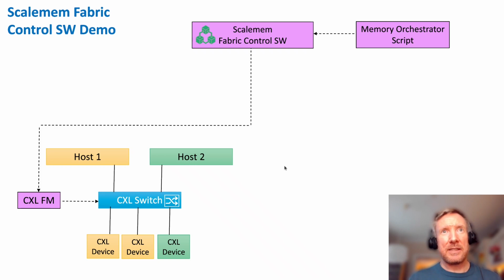And now host 2 wants a second device, but there are only 3 available. But host 1's memory usage is now going down, and we can therefore unplug that device from host 1 and give it instead to host 2.